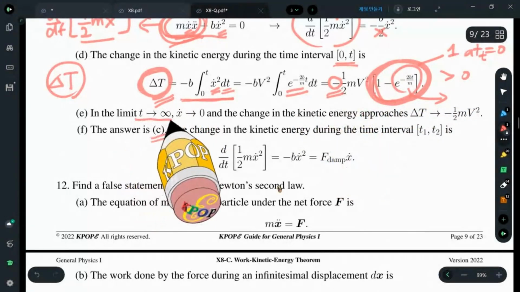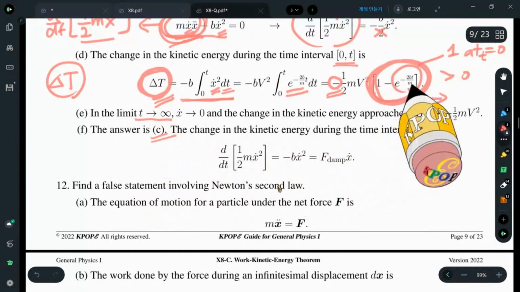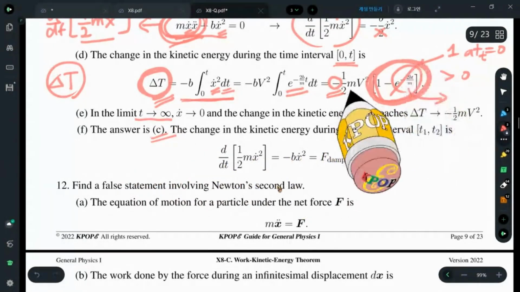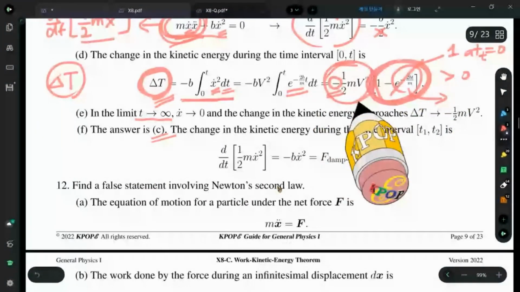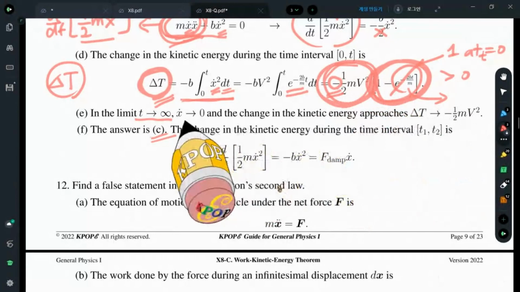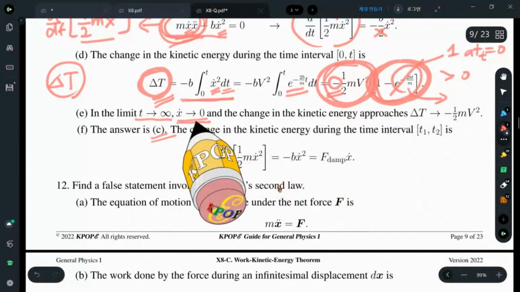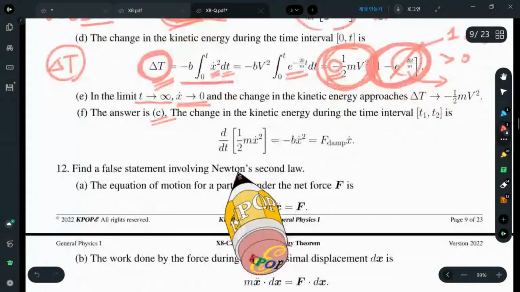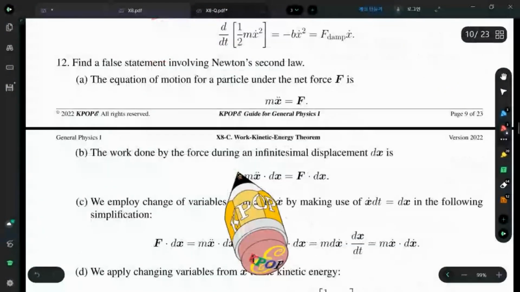In the limit as t goes to infinity, this vanishes, this is 0, which means the whole amount of kinetic energy is lost. At that time, the system makes a complete stop. x dot equals 0.